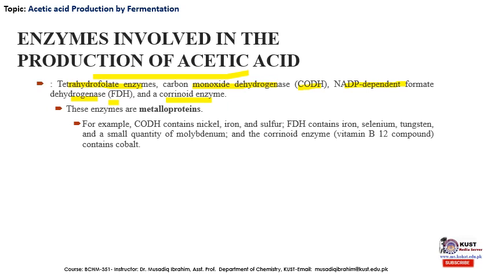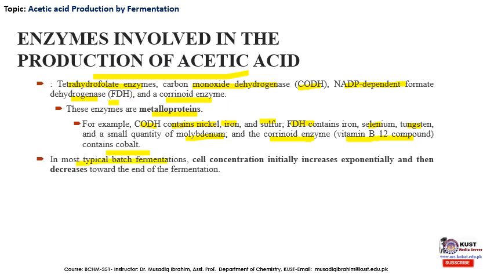These enzymes are metalloproteins in nature. For example, carbon monoxide dehydrogenase contains nickel, iron, and sulfur in its structure. FDH contains iron, selenium, tungsten, and a small quantity of molybdenum as well. And the corrinoid enzyme, which is a kind of vitamin B12 compound, contains cobalt in its structure.